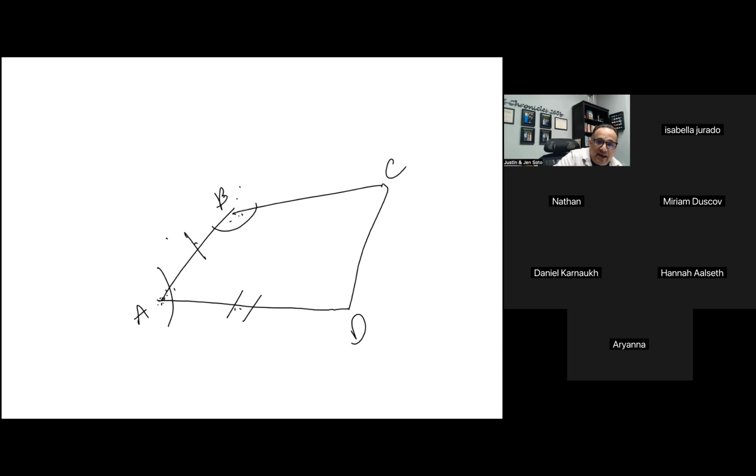So BC is opposite AD. And also angles can be opposite of each other too. Angle B is opposite of angle D. Okay? There's one other thing they wanted you. Oh, you can make diagonals as well.